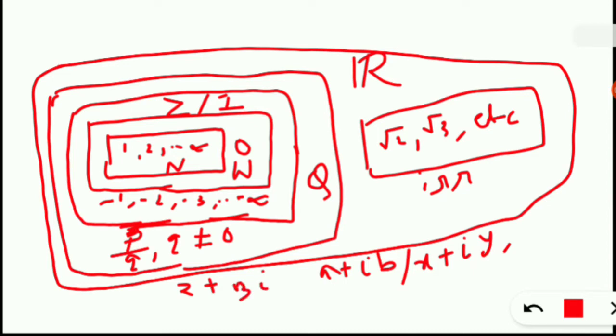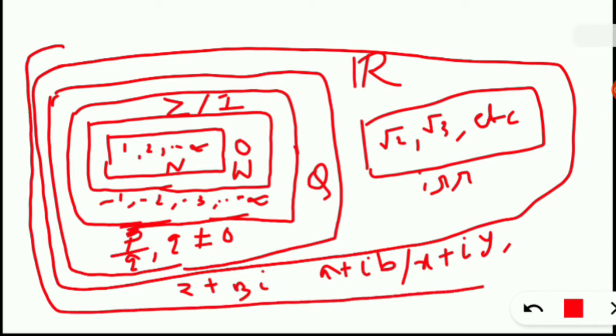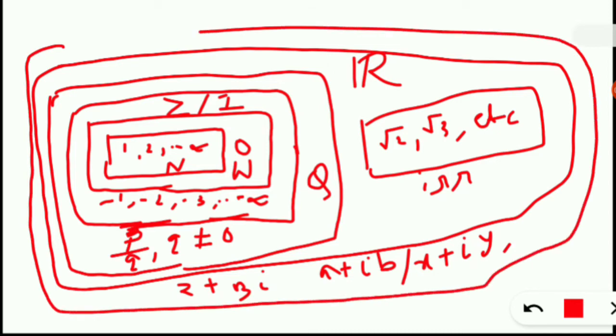In the complex number set, this is the graph, because complex numbers contain all real numbers and the numbers which are of the form a plus ib, and complex numbers are denoted by capital C. Clear?